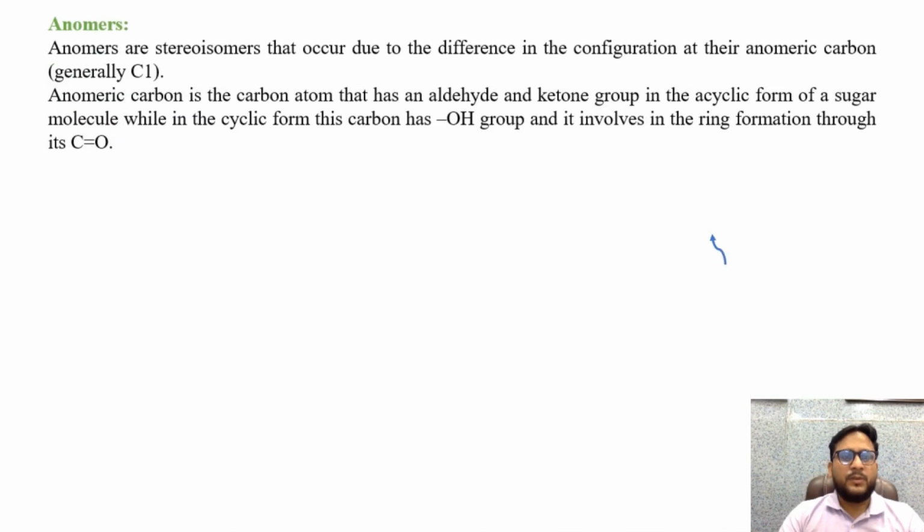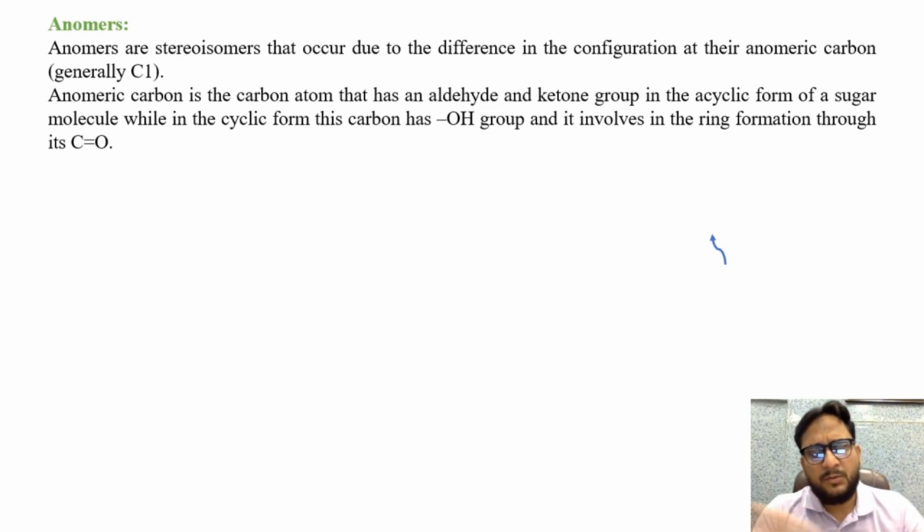Let us move to anomers. As I said before, anomers are those stereoisomers which have different configuration at their anomeric carbon atom only, which is generally C1 in the case of glucose and galactose. In some cases, for example fructose, it may be C2, but it must contain a different configuration.